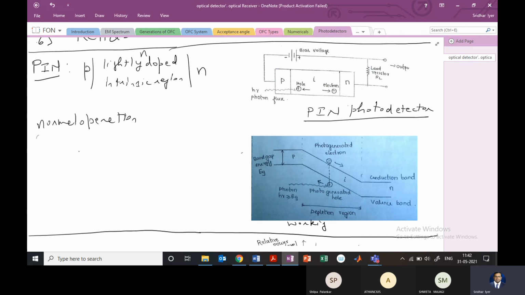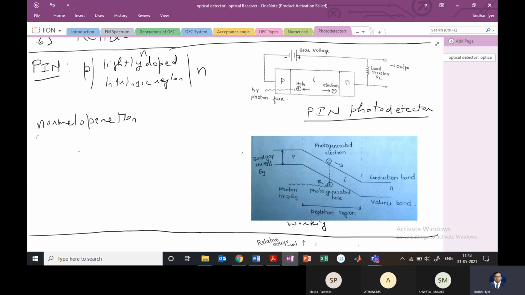So in the normal operation, we give a sufficiently large reverse bias voltage across the device, so that this intrinsic region, the I region, is going to be completely depleted of carriers, right? So the intrinsic N and P carrier concentration will be very small in comparison with the impurity in the region, right?